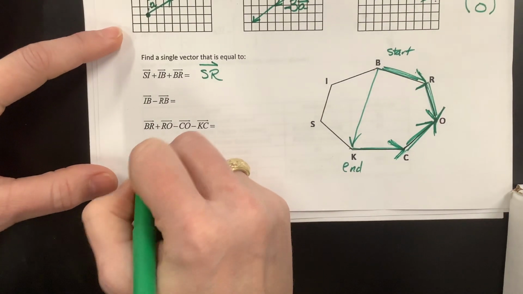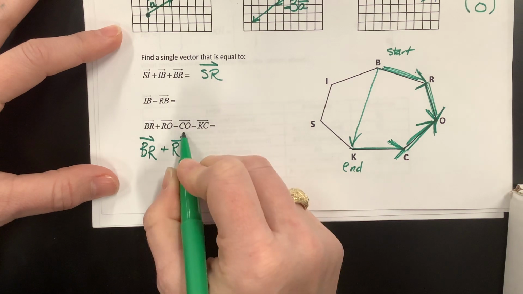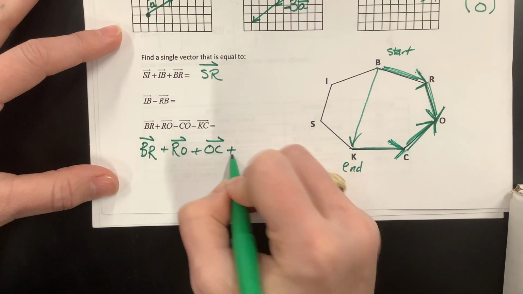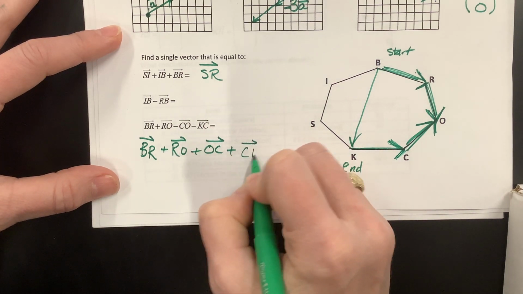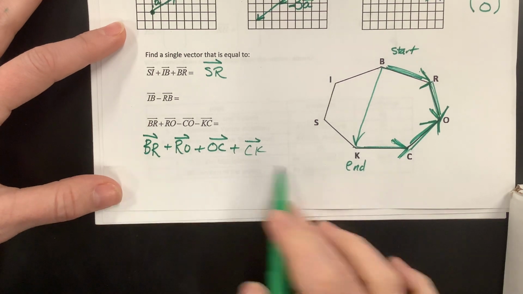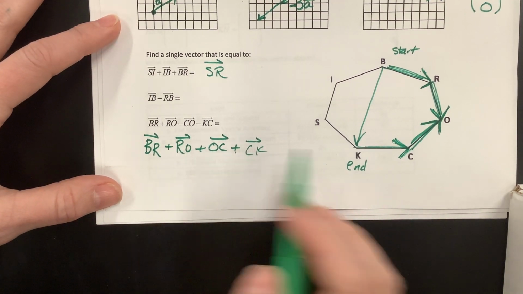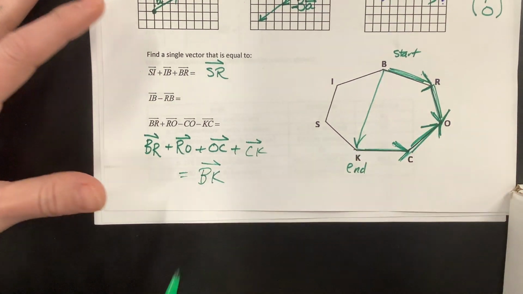So looking at this, I could say, okay, BR plus RO. Well, negative CO is the same thing as saying vector OC. Negative KC is the same thing as saying vector CK. Notice, hello, Mr. Brock. Okay, so notice that we have from B to R, R to O, O to C, C to K, and we ended up with BK, which is what we had here.